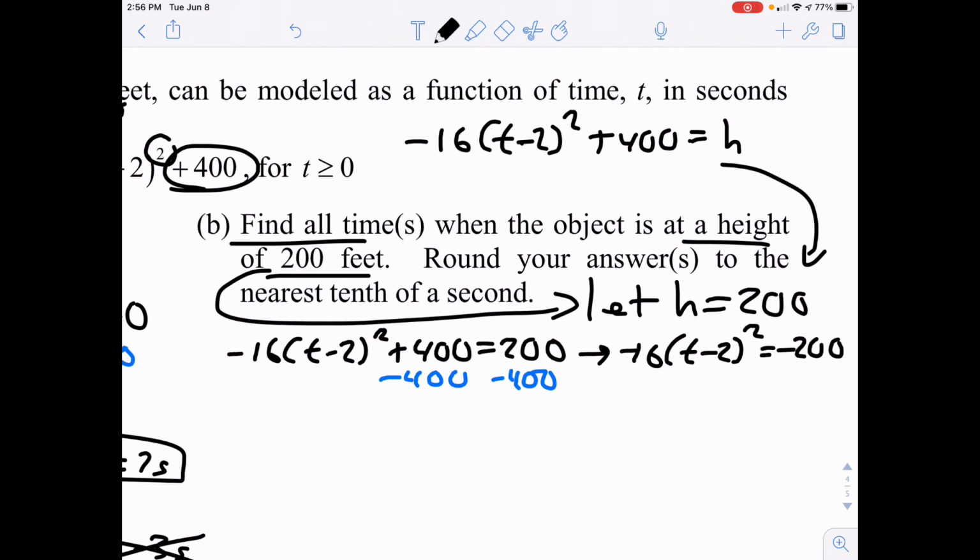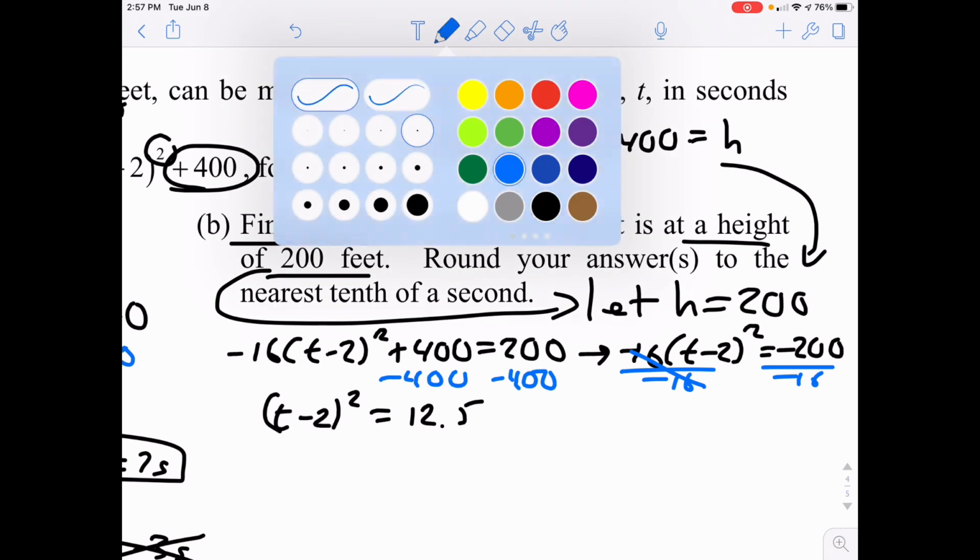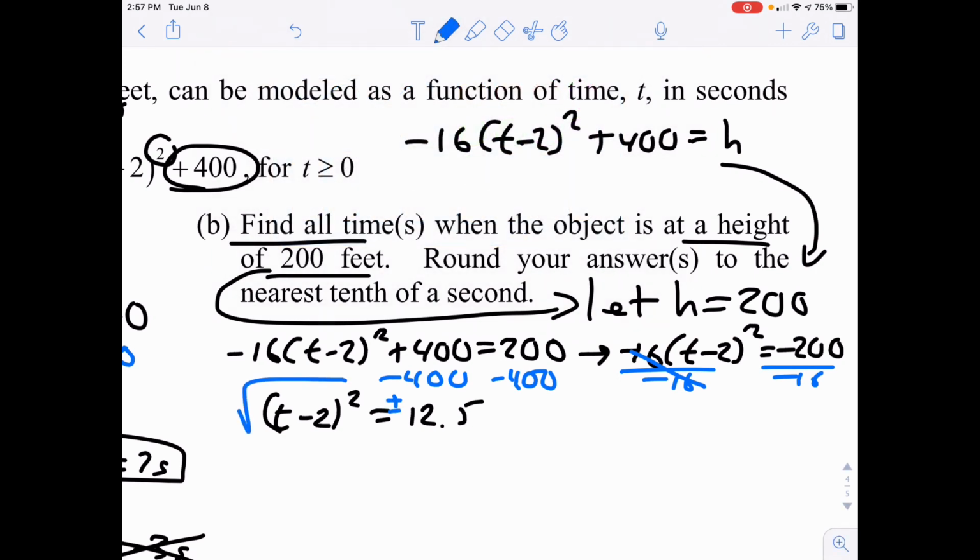Now, I'm going to divide both sides by negative 16. And when I do that, I get t minus 2 quantity squared equals 12.5. We'll go ahead and take plus or minus the square root of both sides. t minus 2 equals plus or minus the square root of 12.5.